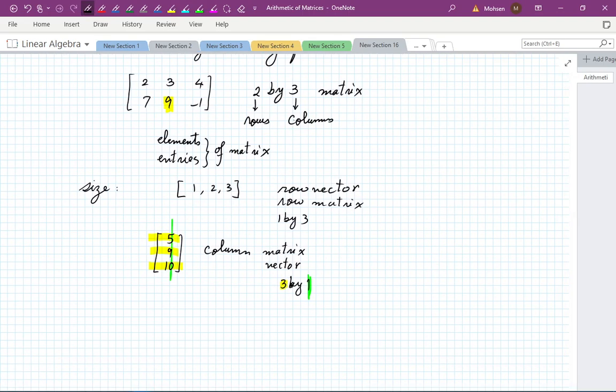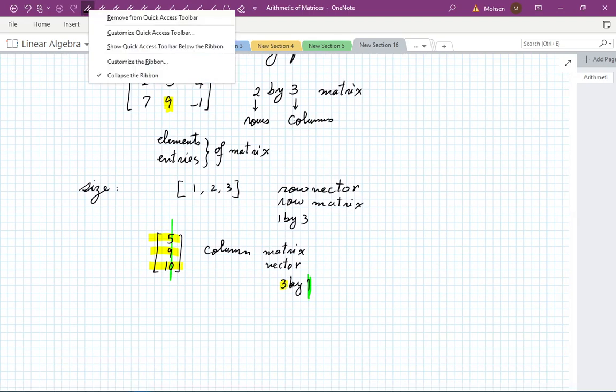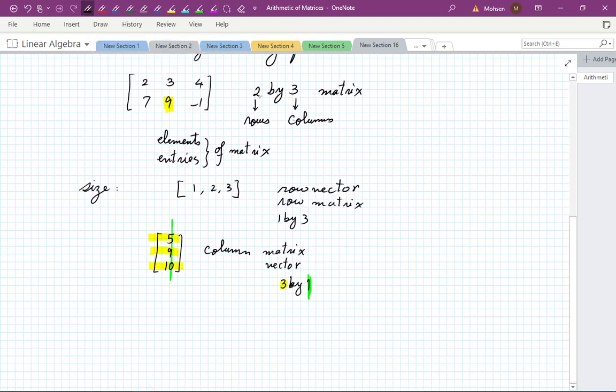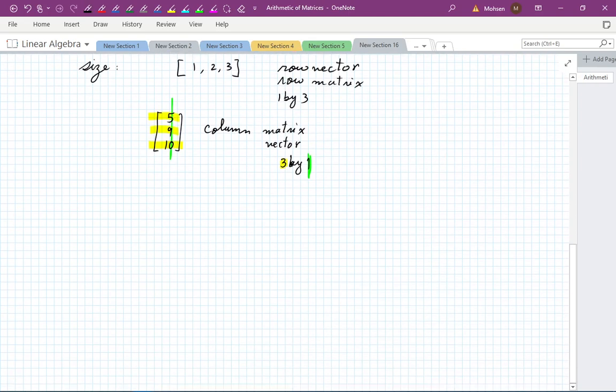Sometimes we want to refer to a general matrix, that is, we are leaving the issue of the number of rows and number of columns open, as the case might be. So a general matrix, let's call it W, might be written like this.